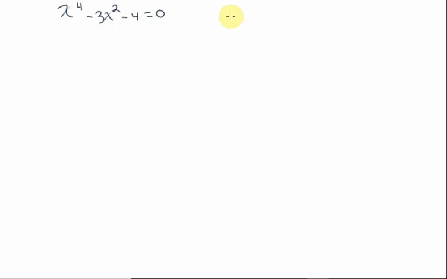Let me just do a little bit of pretending or imagining. If this were a quadratic, this would be what it would look like, right? And we could try factoring this or the quadratic formula to solve this. But what's the only difference here are the exponents above the first x and this minus 3x.